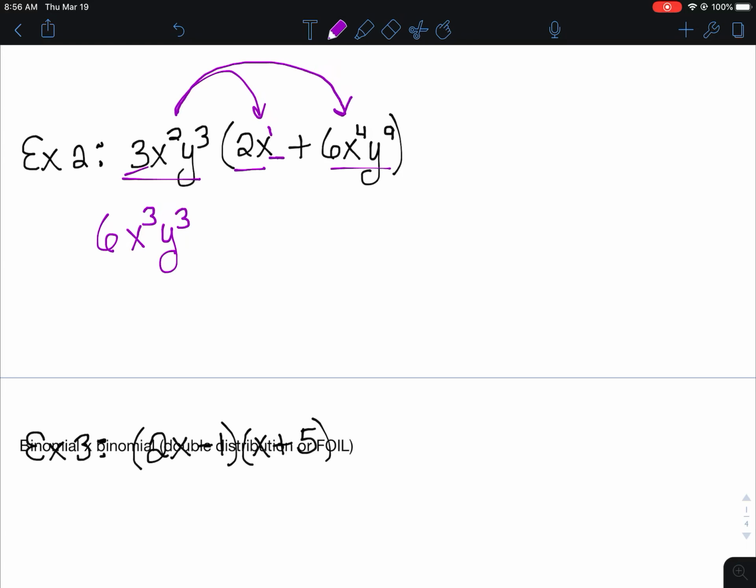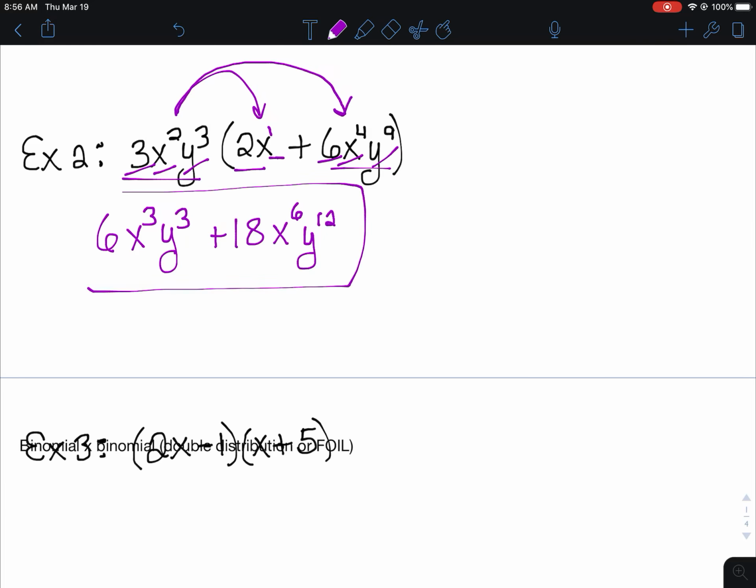So again, 3 times 6, that would give me 18. X squared times x to the fourth, I'm adding my exponents when I multiply, so I get x to the sixth. And y cubed times y to the ninth, adding my exponents would give me y to the 12th. Again, these aren't like terms, so that is my final answer.